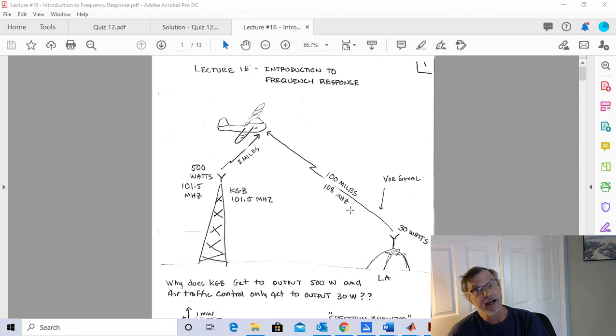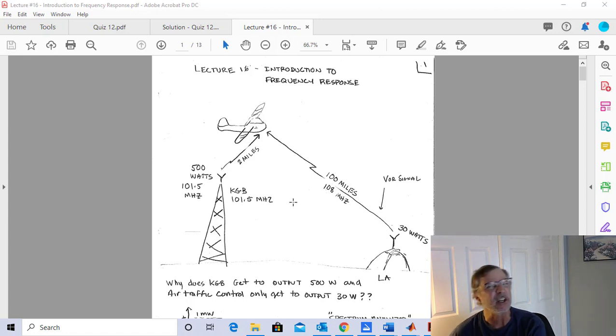The desired signal, the signal that the airplane wants to listen to and provide safety for all those passengers, is at 108 megahertz, and KGB is at 101.5 megahertz, because the FM band is 88 to 108 megahertz, and the aircraft navigation band for VOR and localizer is from 108 to 118.